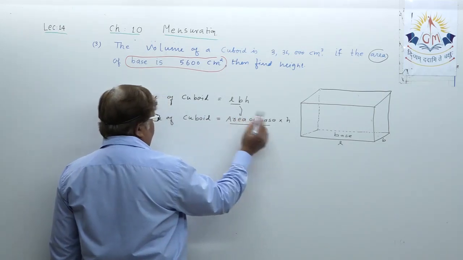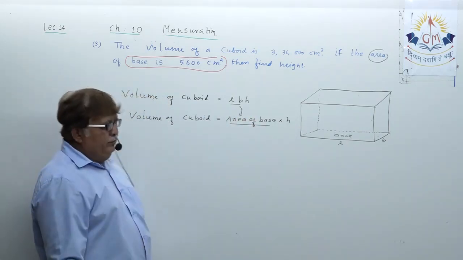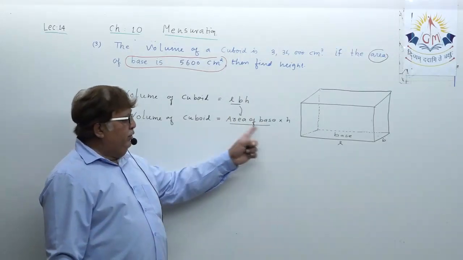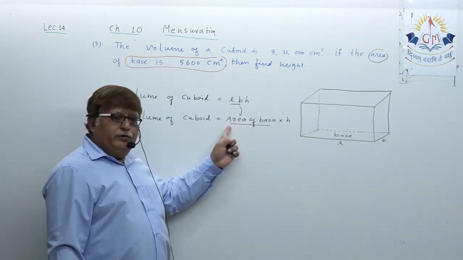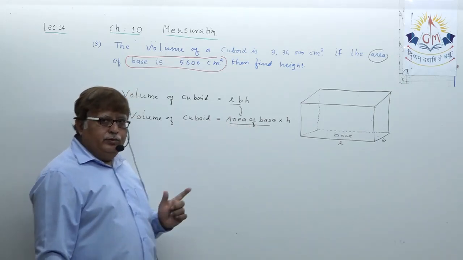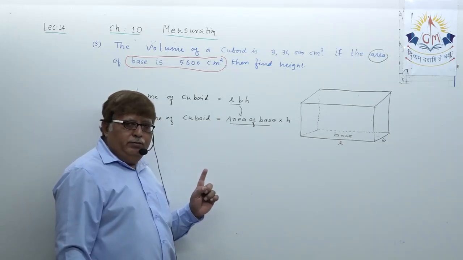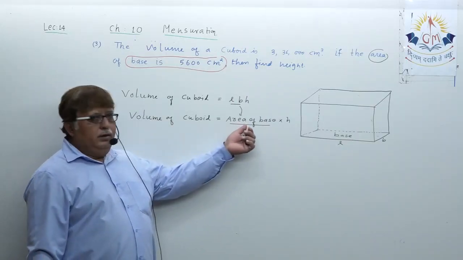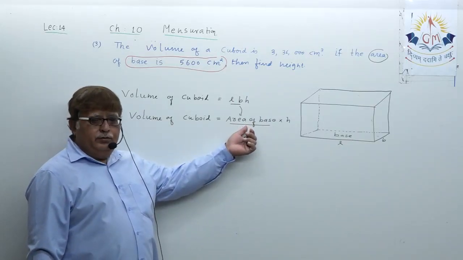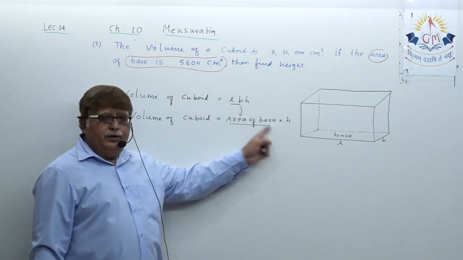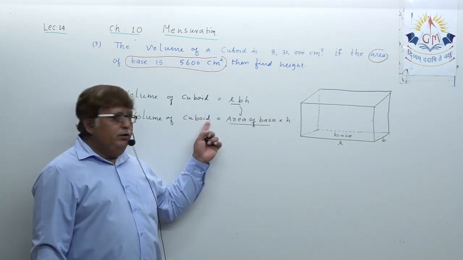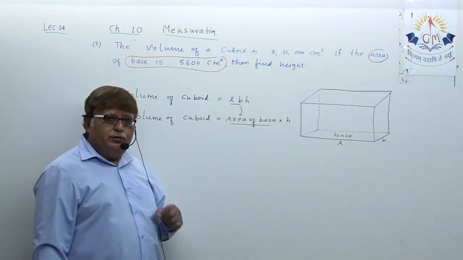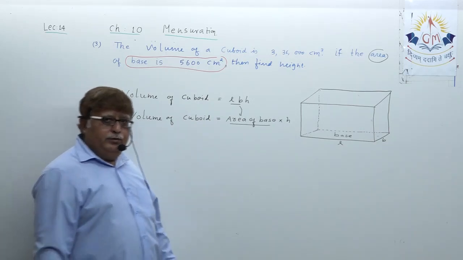Area of base ultimately represents L into B. So this is another important formula you can remember. I may ask in an MCQ like this: area of base I give you, height I give you, and if I ask you to find volume, you must know the formula. Volume of cuboid equals area of base into height.